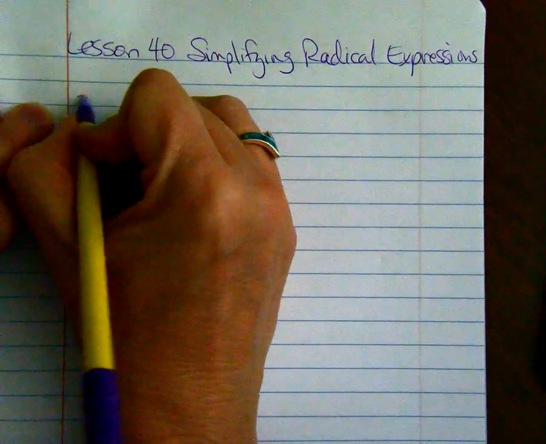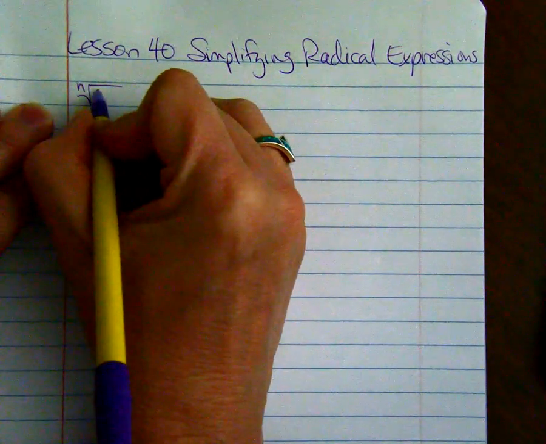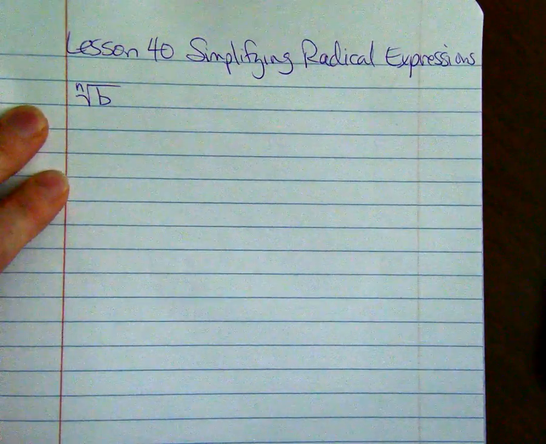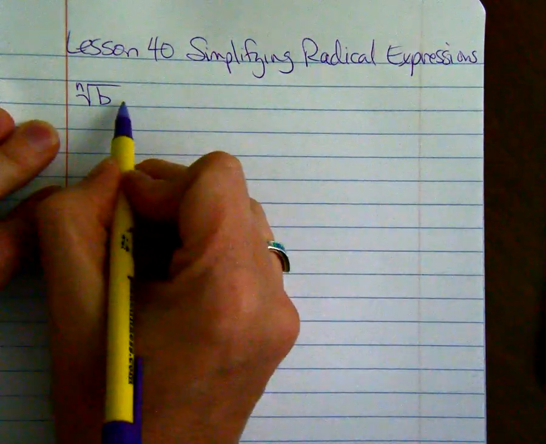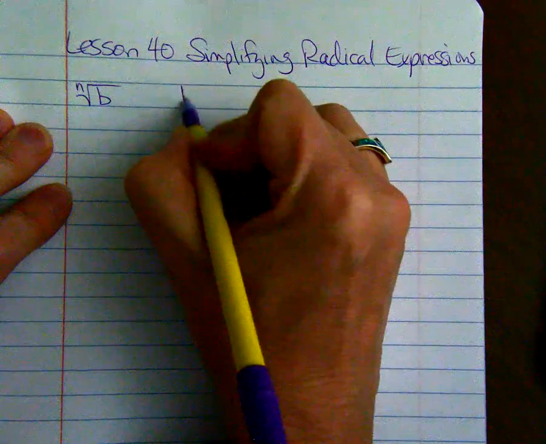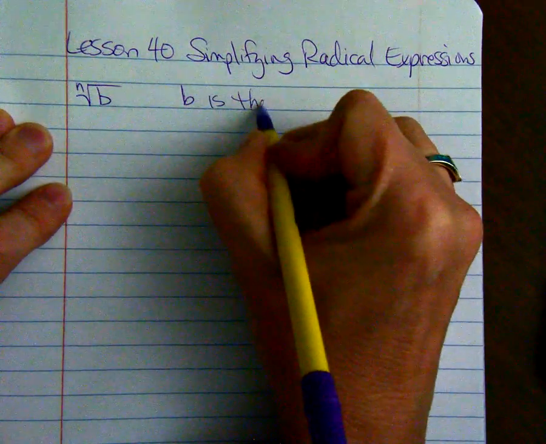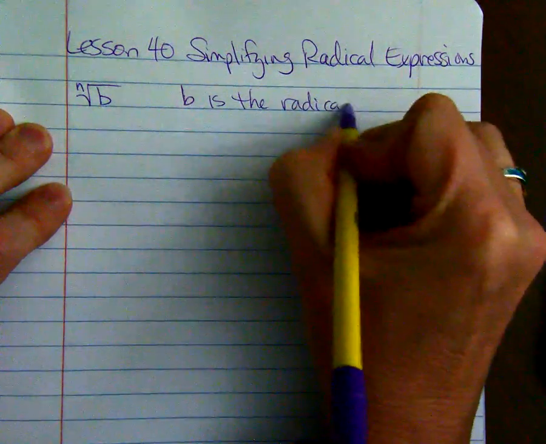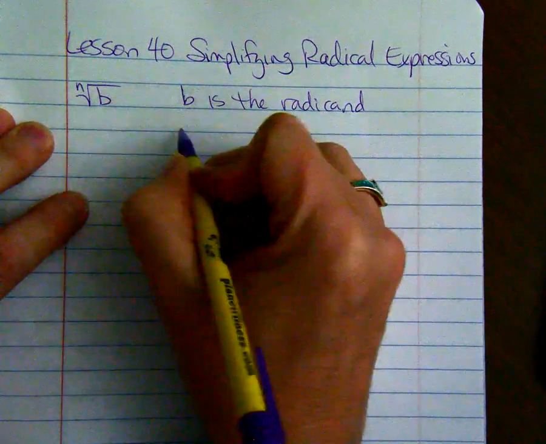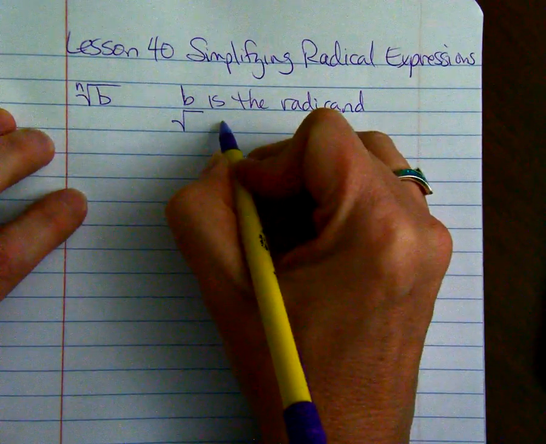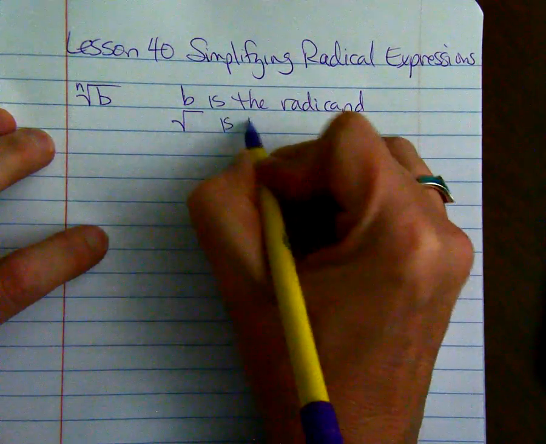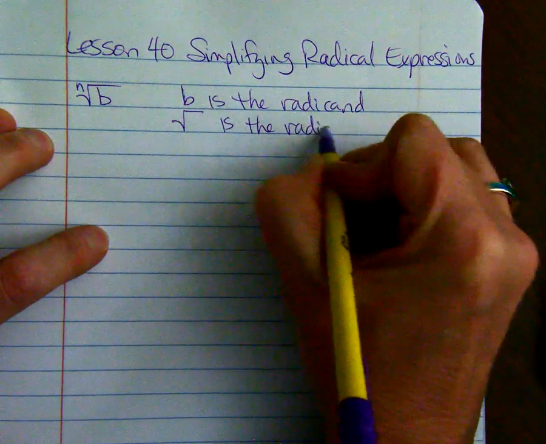So when you have the nth root of b, what is underneath the root sign is the radicand. The root sign is called the radical. Oh, I guess I should call it the radical sign.